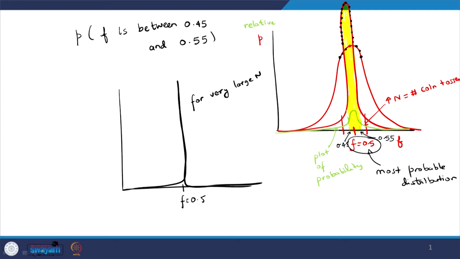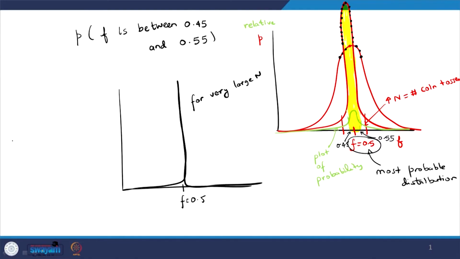So, if I measure an f, it may vary from 0.5 in different experiments, right. So, what it says is that if I increase the number of tosses, my variation in f from 0.5, my variation in f from the most probable distribution actually decreases.